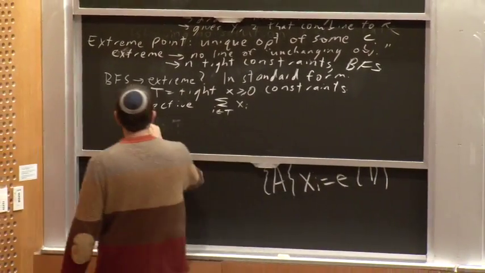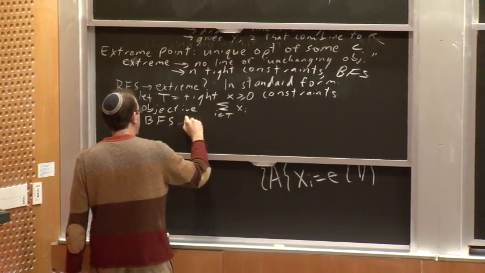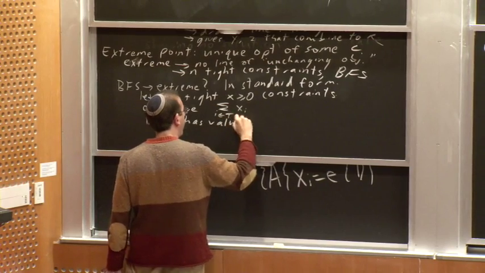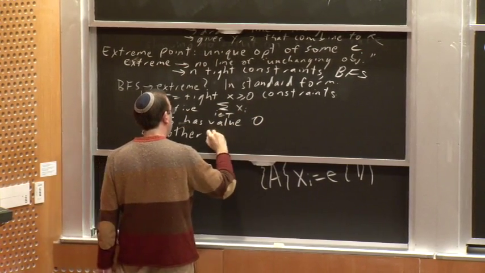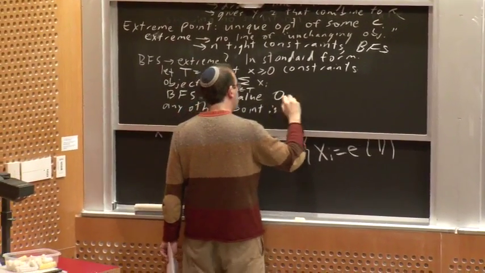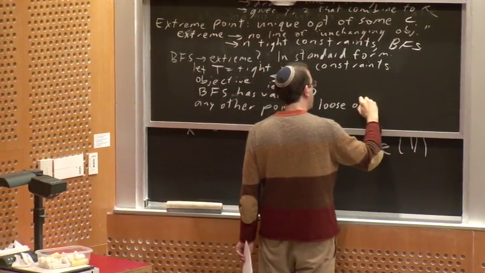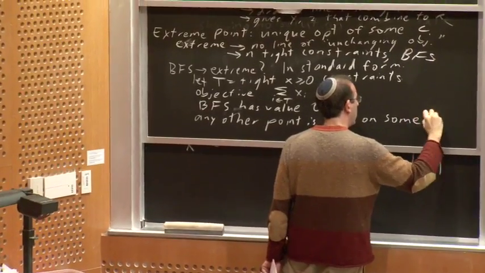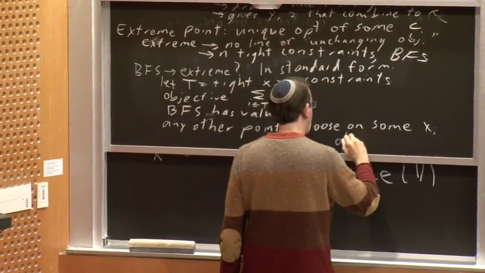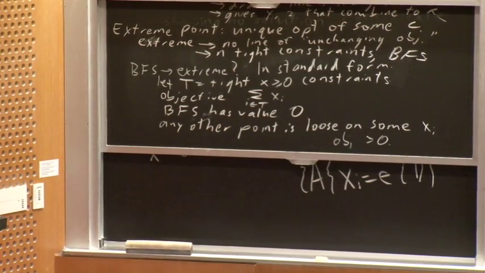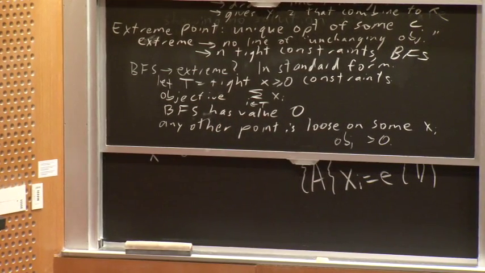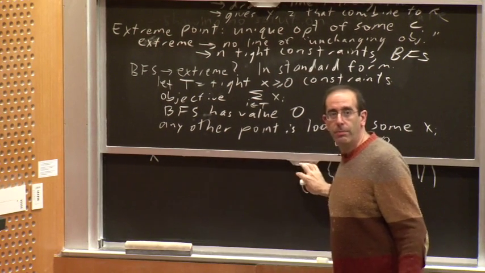My BFS has value 0. Any other point is loose on some x_i, which means that it has objective value greater than 0. So I'm done. I've proven that only my basic feasible solution has value 0. And so it is the unique optimum, and so it's an extreme point.